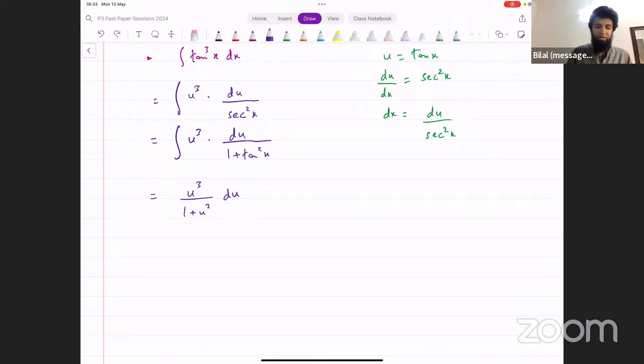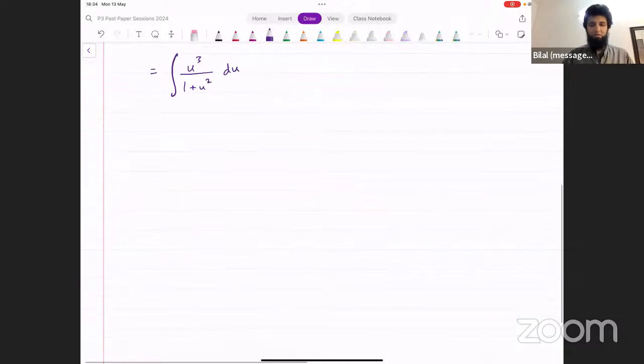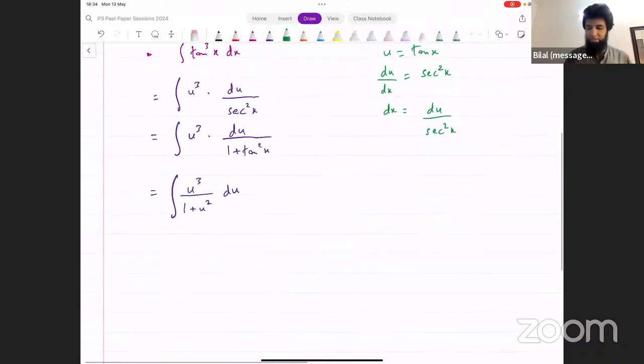How do you integrate this? It's an improper fraction. How do you integrate improper fractions? When the degree of the numerator is more than the degree of the denominator, you have to use long division to divide it into two parts, quotient plus remainder over divisor. That's what we do here. We say u cube, let's divide that by u square plus 1, write this in order, u square plus 0u plus 1, right?